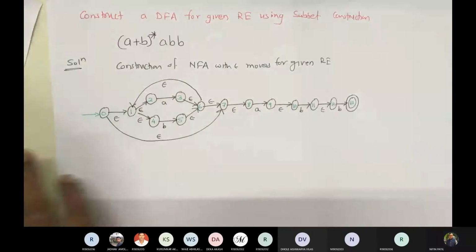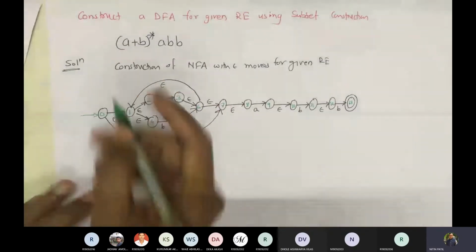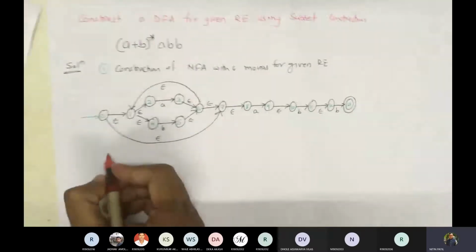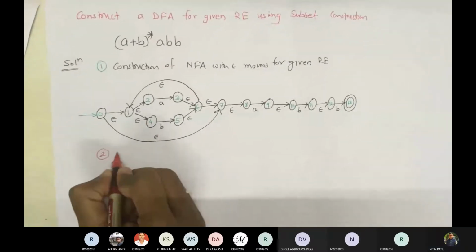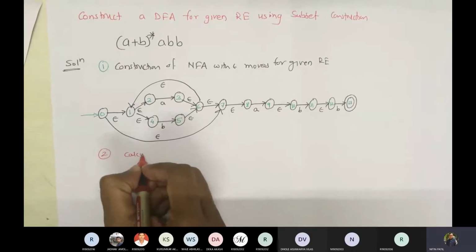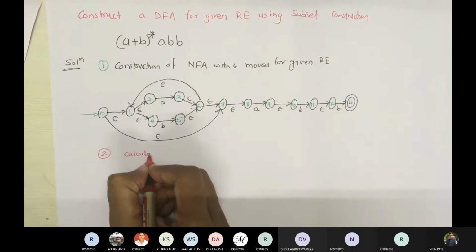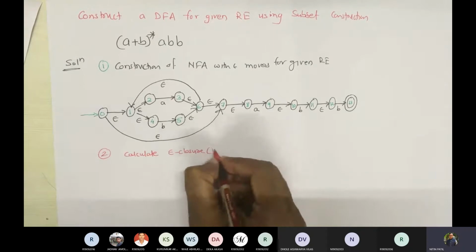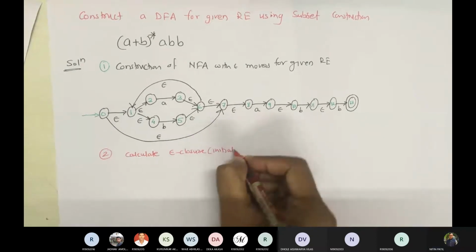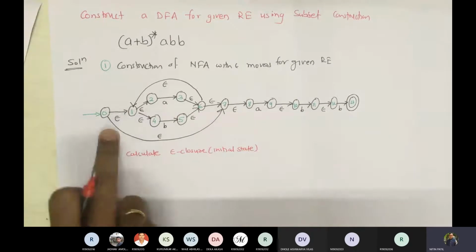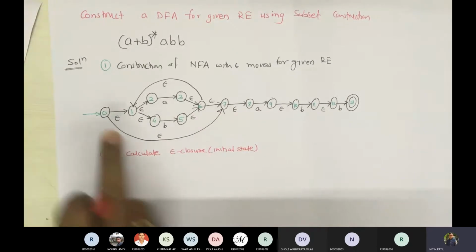Now, when you are done with the first step, you have to work with your second step. The second step would be to calculate the epsilon closure of the initial state. Which is the initial state for us? It is 0.